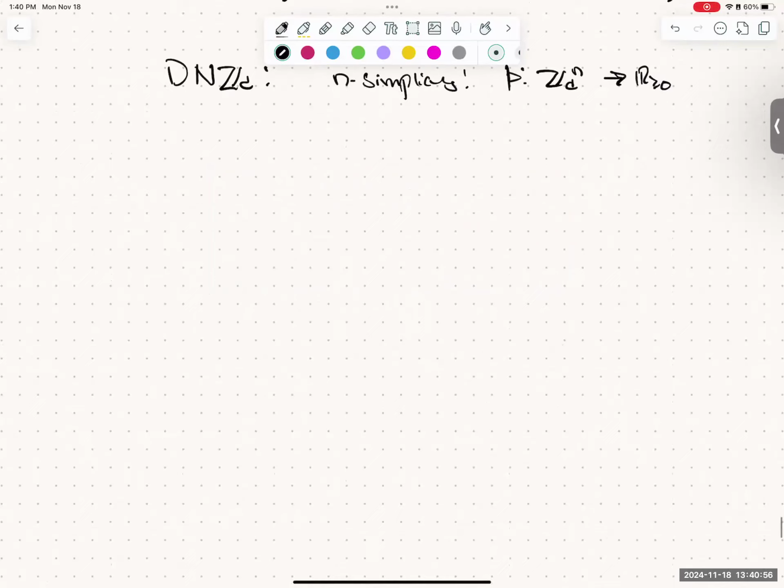One thing that I wanted to add just in passing was that if I have a degeneracy map acting on P, A1 to AN plus 1, then this is going to be useful to think about intuitively.